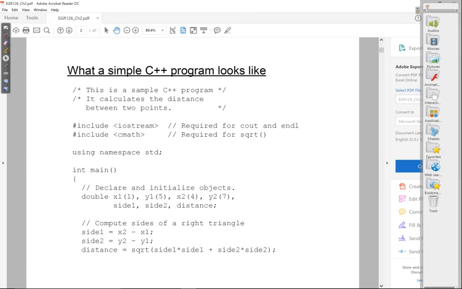Okay, so what I want you to keep in mind as we go through this is those few points that I made earlier. You have to be very strict about following the rules of C++, and in any computer programming exercise, in any program that you write, keep in mind that a computer has to be told exactly step by step what it has to do, what you want it to do.